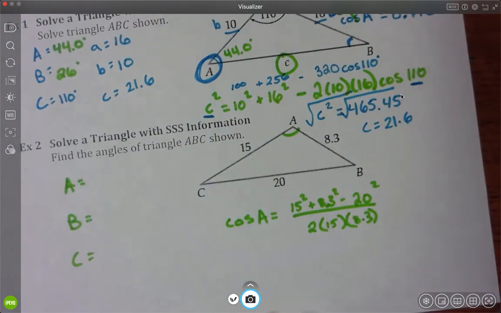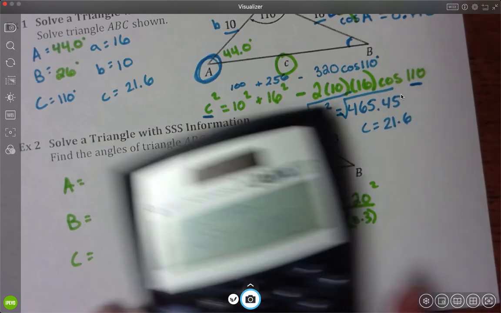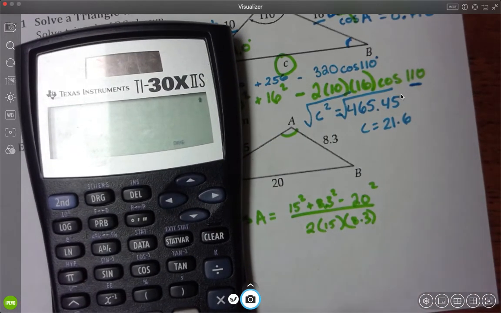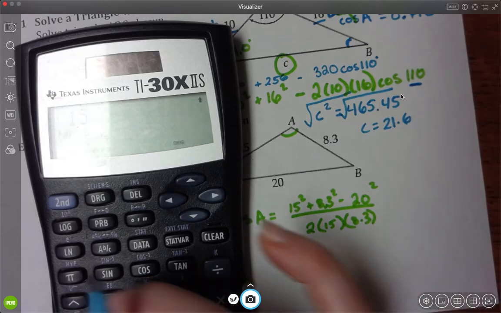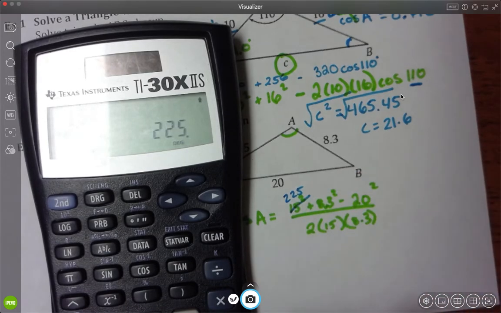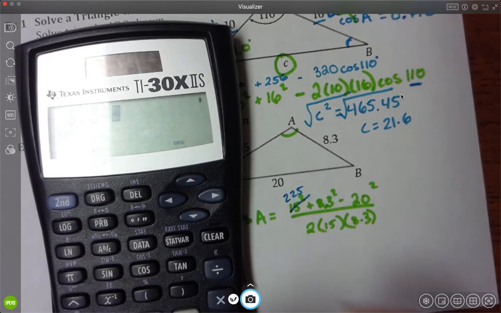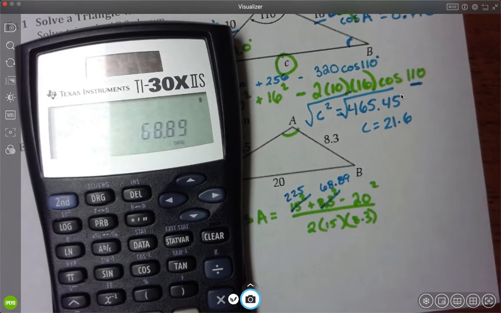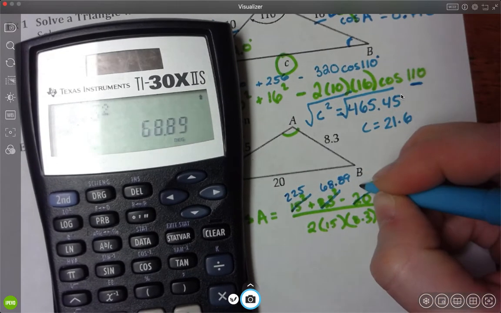Okay, so let's see if we can type this in. If you need to type this in pieces, go for it. Like 15 squared, if you want to write this all out: 225. I'll do this one in pieces. 8.3 squared is 68.89, and 20 squared is 400.